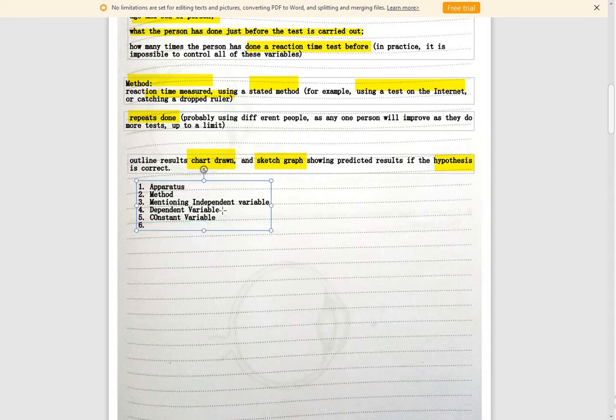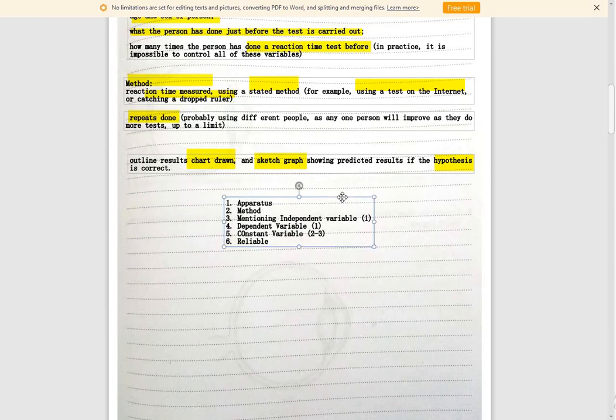And then how you're going to make your experiment reliable. In bio you only have to mention these things. Independent variable you only have to mention 1, dependent variable also 1, but for constant variables, to be on the safer side, it's better to mention 2 to 3. And how you're going to make the experiment reliable. This is a very good structure for writing an answer to an experiment question, as it makes the steps and everything much clearer.